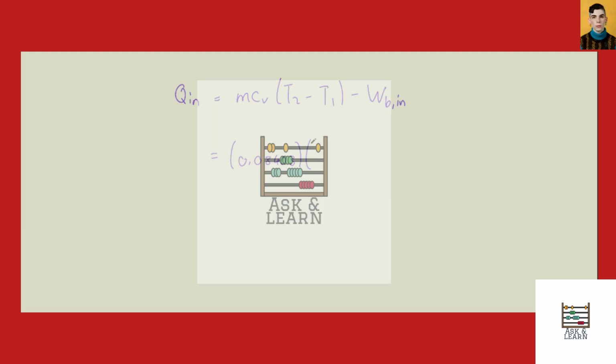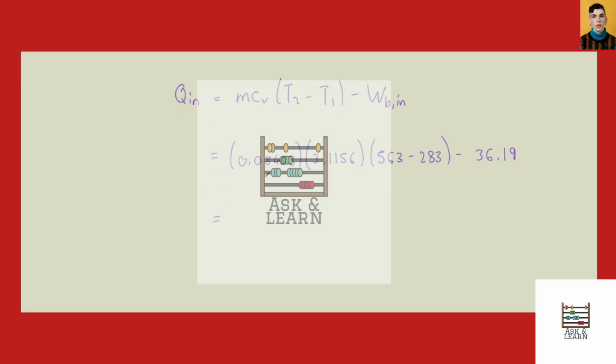The specific heat we said was 3.1156 in SI units, multiplied by a change in temperature of 563 minus 283 Kelvin, minus the boundary work into the system for a compression of minus 36.19, and that was in kilojoules.